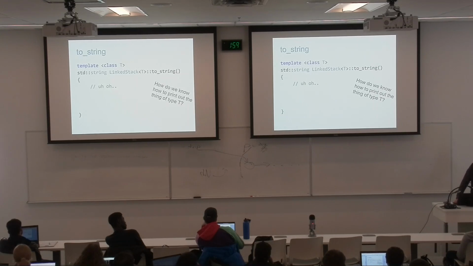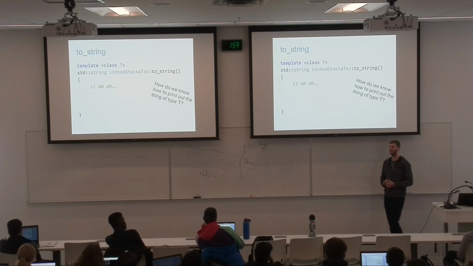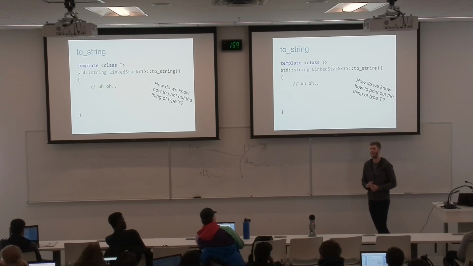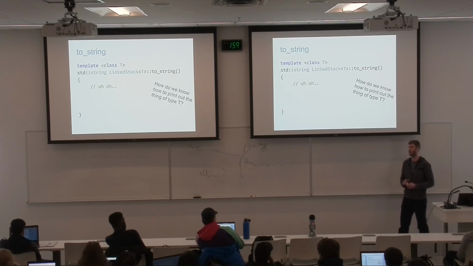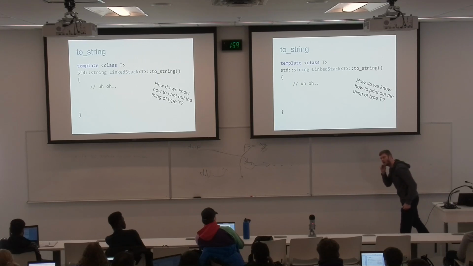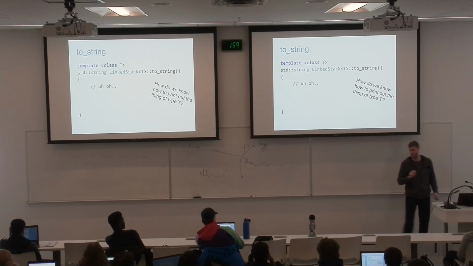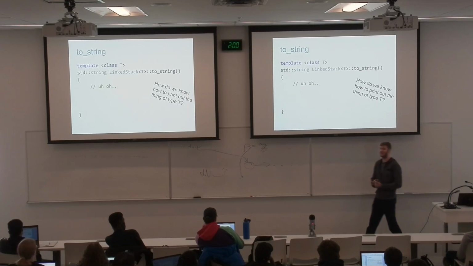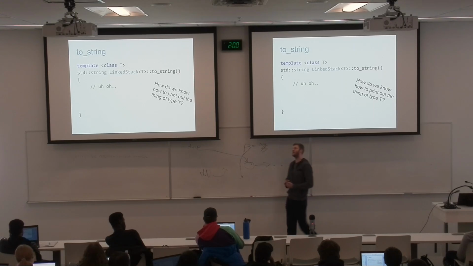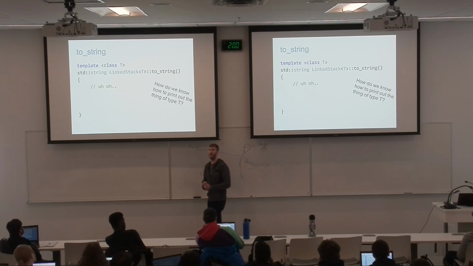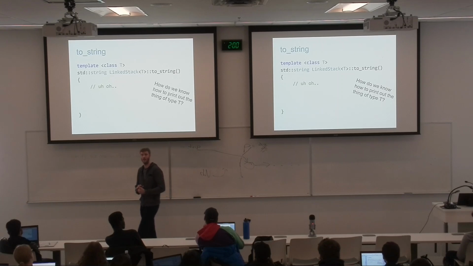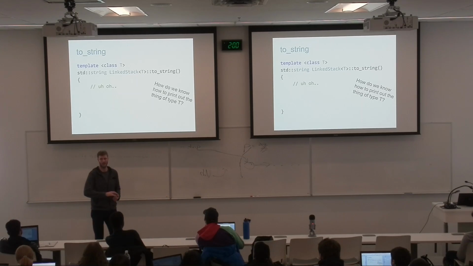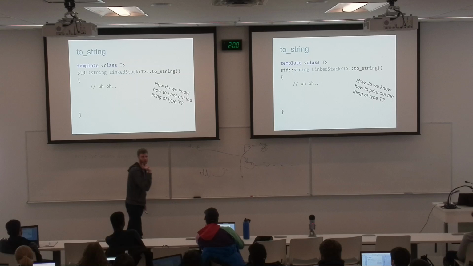ToString. How do we know how to print out a thing of type T? Pardon? Say that again? Auto? Well, we've got a bit of a problem here, actually. Because something of type T, remember how there was the standard library's ToString? The standard library's ToString was one that took a number and turned it into a string.